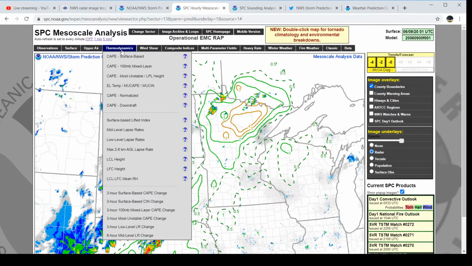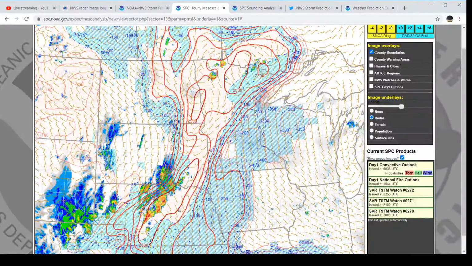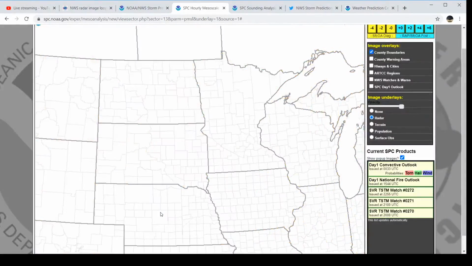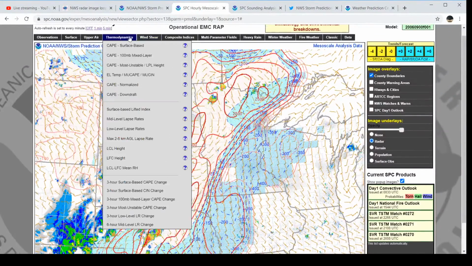Now if we look at our mixed layer CAPE, we can see these storms have formed out in this pocket of very little to no convective inhibition through this region. So these storms aren't having to deal with a lot of convective inhibition, which would definitely help with that brief chance of tornadoes, even though it's not really high.